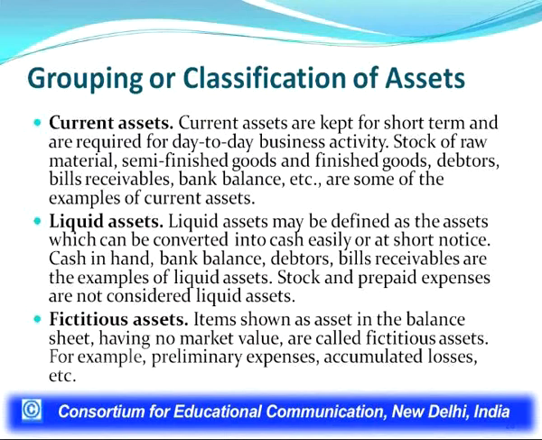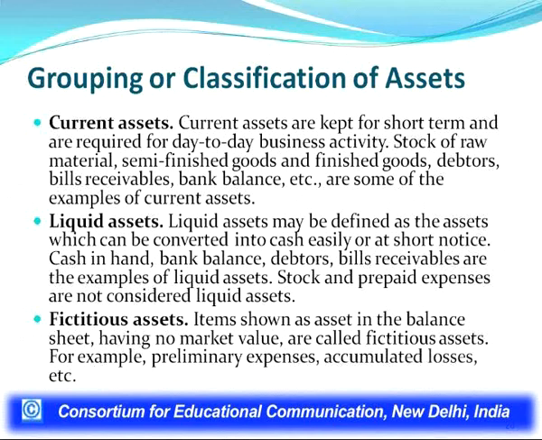Knowing the liquid assets will help in calculating some ratios. There is one ratio which we call liquid ratio. So, liquid ratio tells the firm's ability to make payment of current liabilities. So, in that we compare current assets with liquid assets.